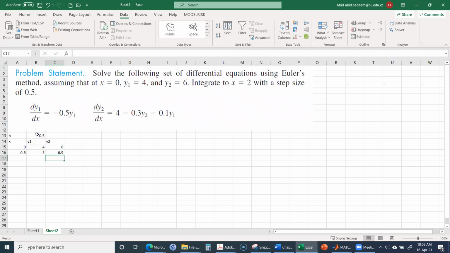So it will be 6.9. Here is also h. Like that, we have got the values 3 and 6.9 over here.